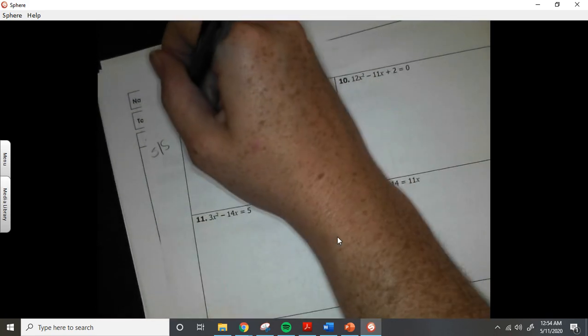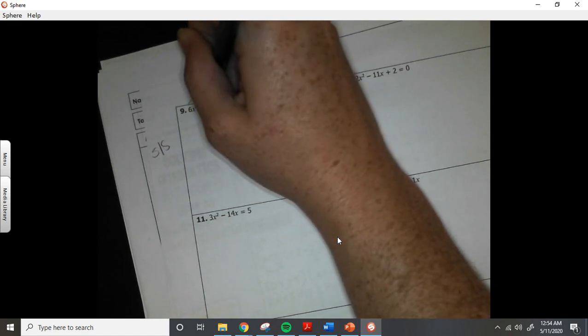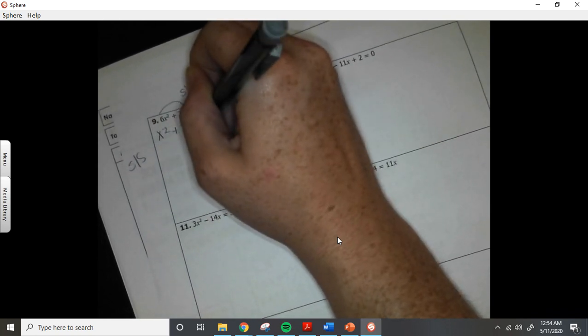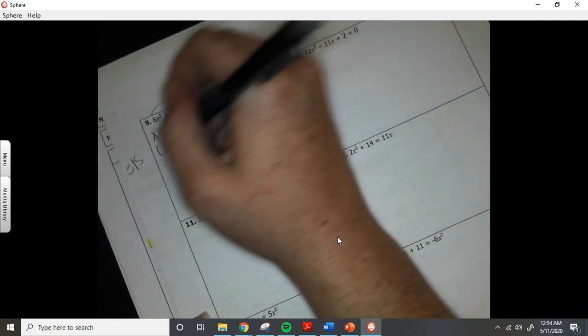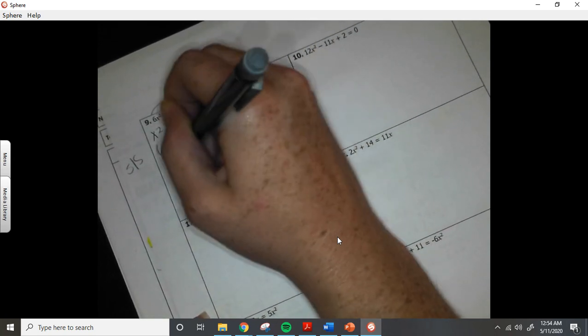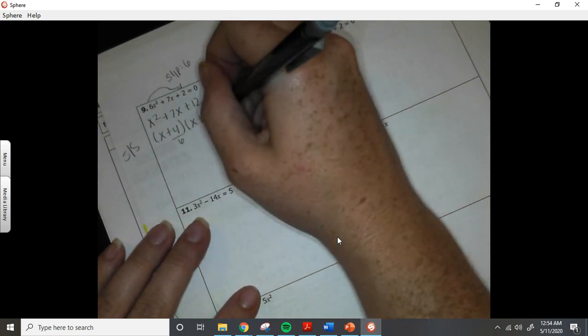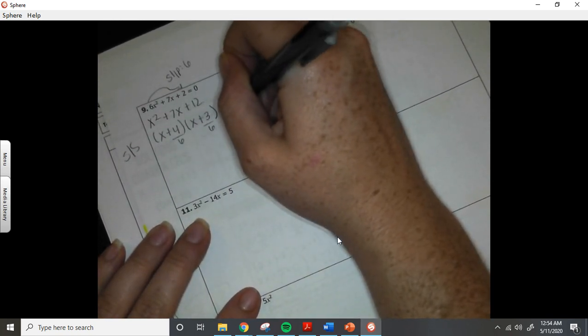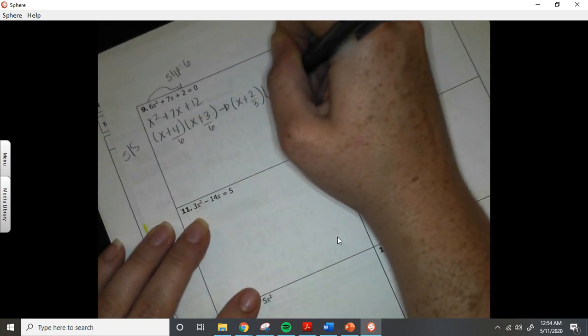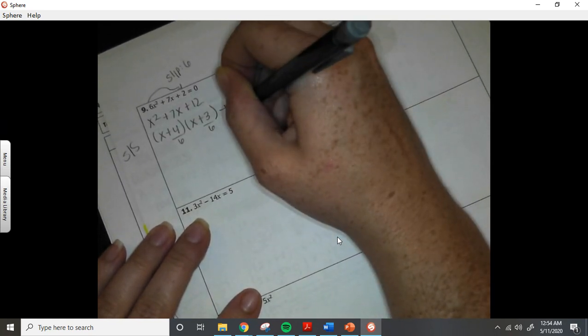Okay, number 9, no GCF once again, so this is going to be slip and slide. Slip this 6, we have x squared plus 7x plus 12, x plus 4, x plus 3, and then we're reducing. So this really becomes x plus 2 over 3 times x plus 1 over 2, and then we slide.